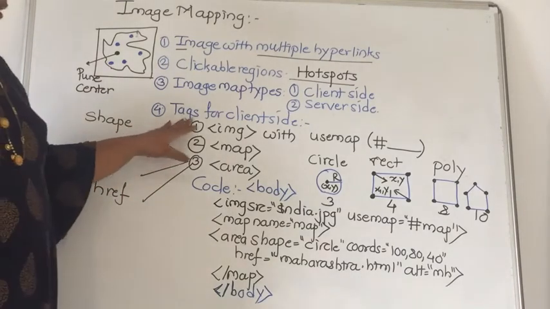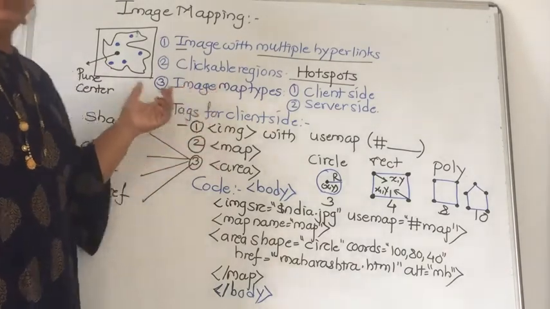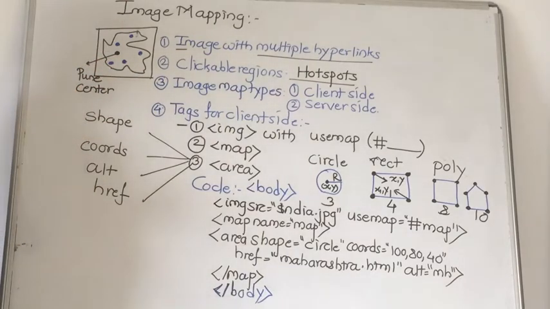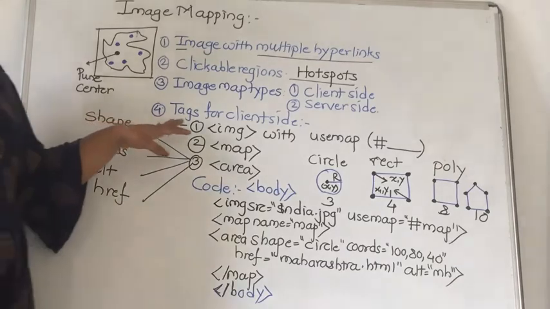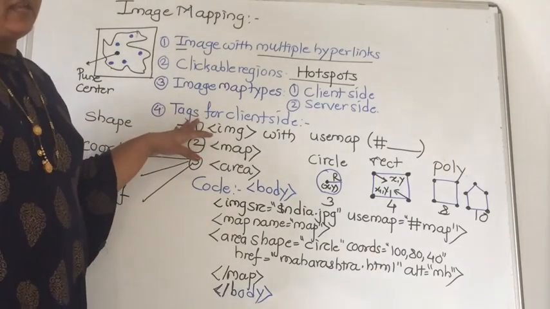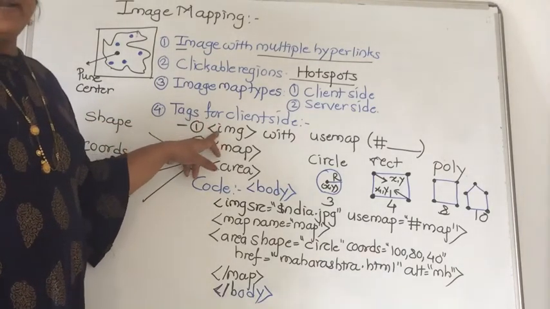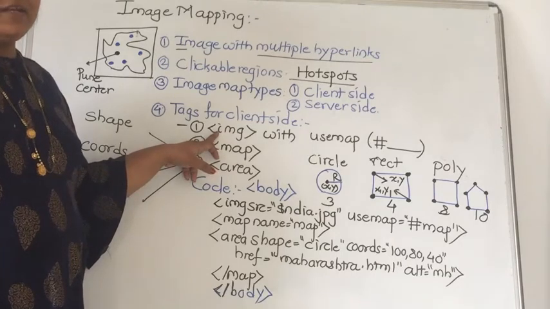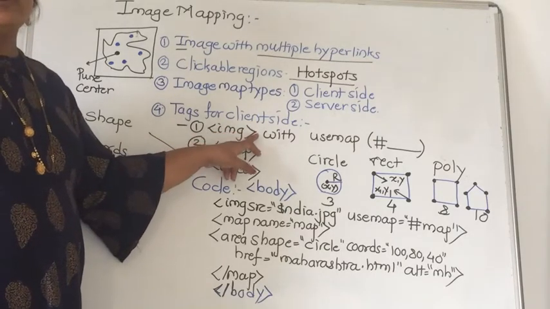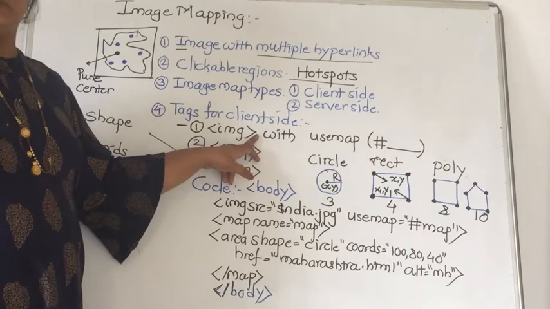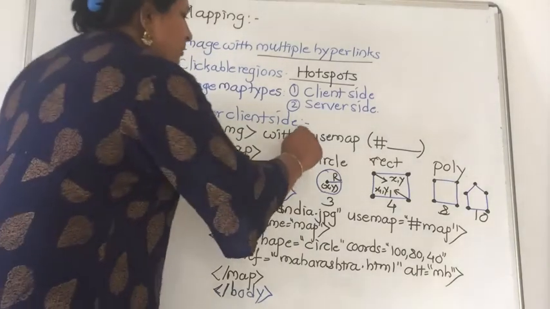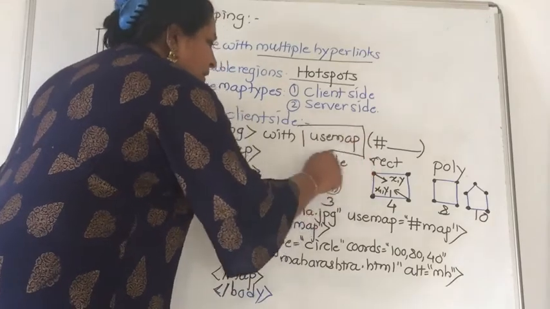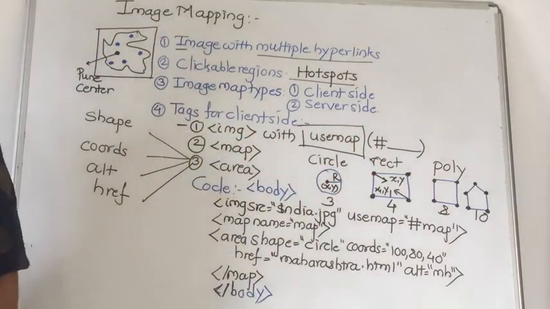The first tag is the image tag. To give certain links, we require an image, and to insert it the image tag is used. We have already seen this tag in 11th standard: the img tag and the src attribute, where you insert the source file. With this, for a client side image map, the main attribute used is usemap.